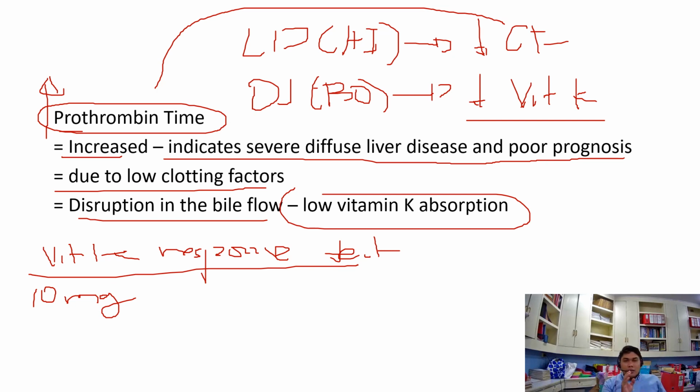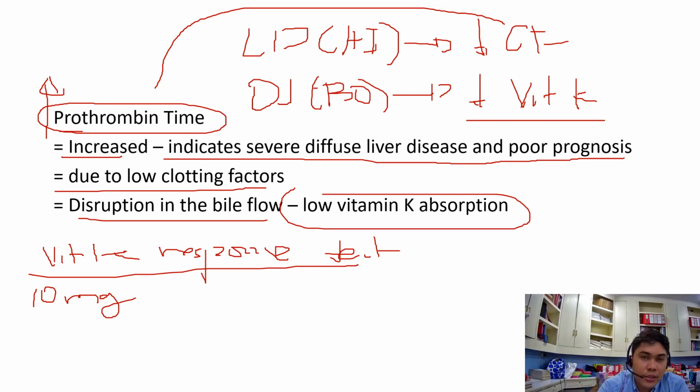Now, in liver disease or hepatocyte injury, after the administration of vitamin K, the prothrombin time is still the same. It is increased.